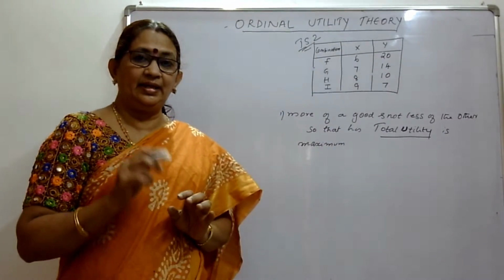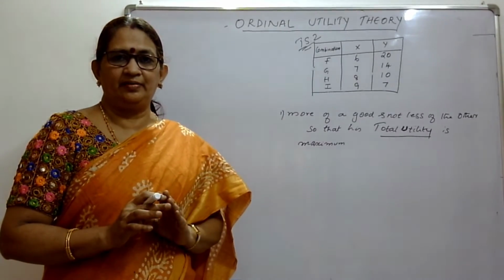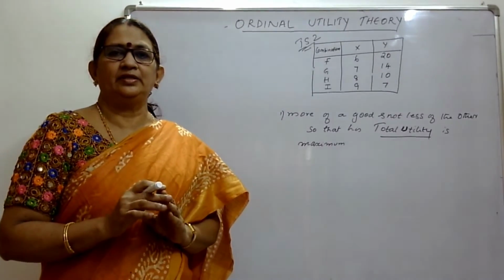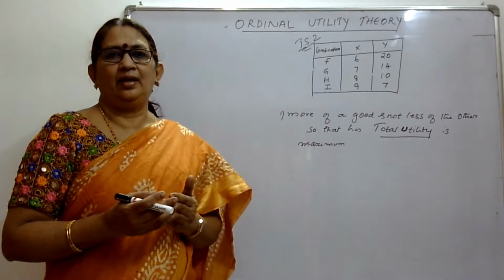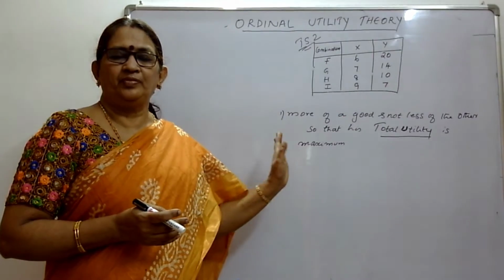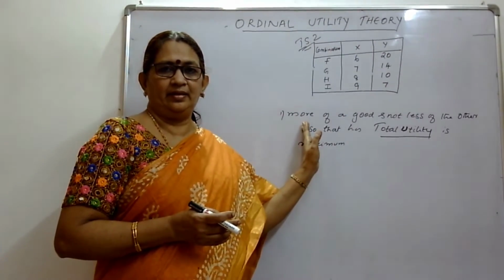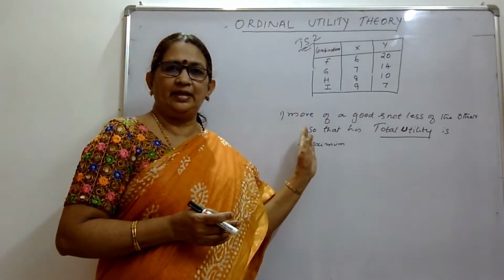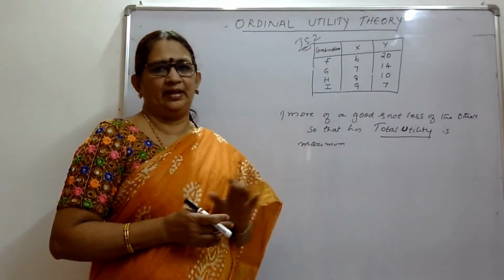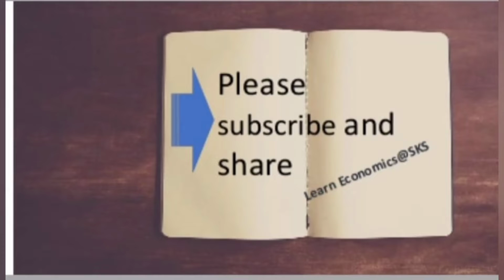Here, kindly keep it in mind that there are many goods in the market which are harmful to the consumer, to his mental and physical health. These goods are not taken here. In ordinal utility theory or any economic theory, only standard goods are taken for reference.